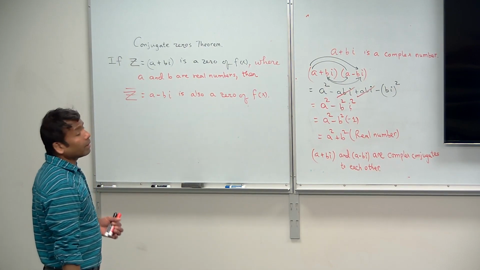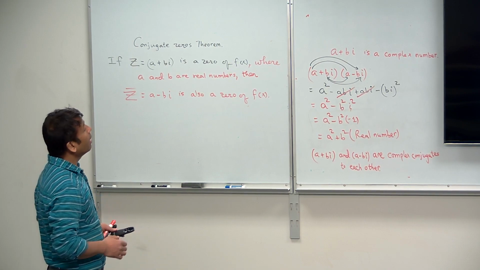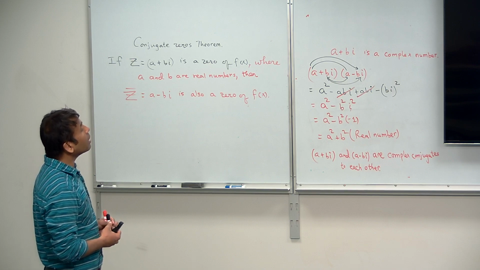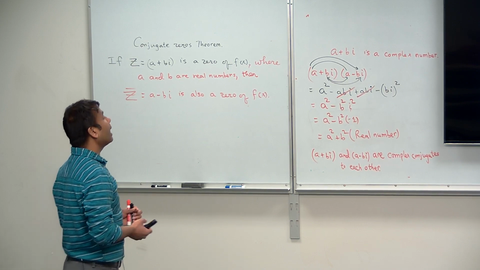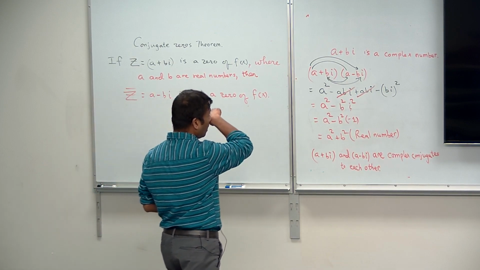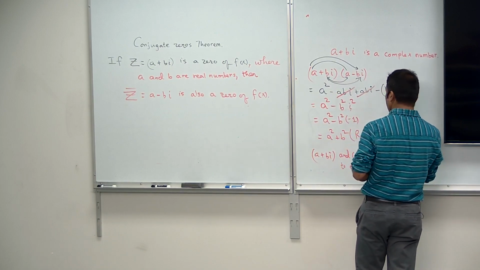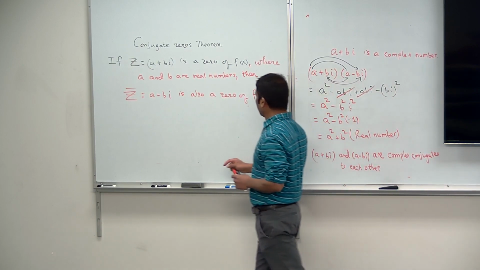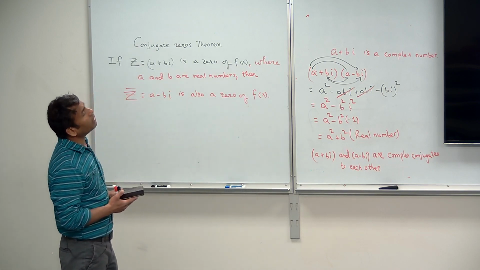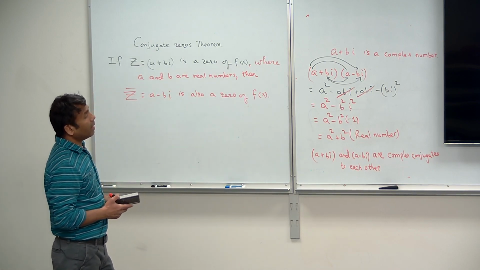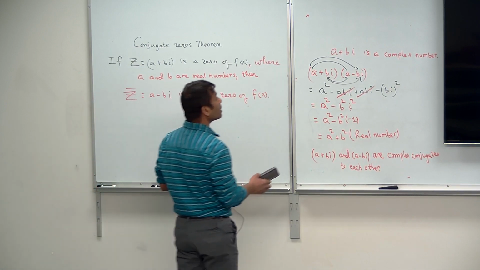Now, look here. Find a polynomial function f(x) of least degree having only real coefficients and zeros 3 and 2 plus i. So you need to find a polynomial function f(x) of least degree having only real coefficients and zeros 3 and 2 plus i.